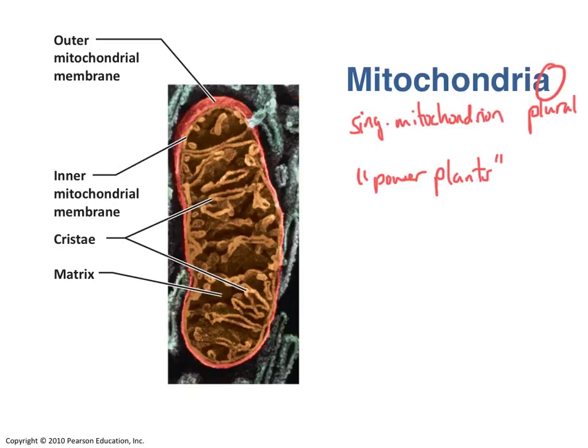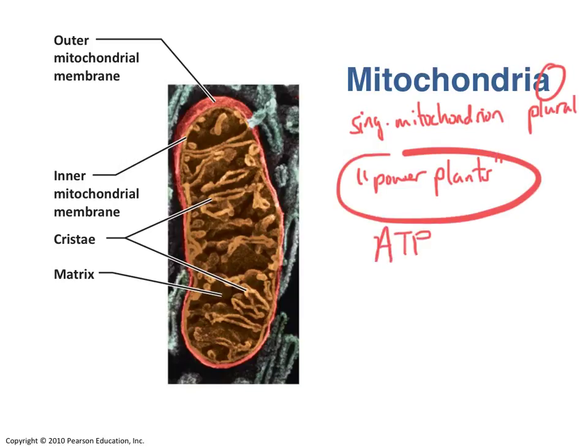And some cells, like cells that need a lot of ATP, like your muscle cells, have hundreds to thousands of mitochondria in a single cell. And so these guys are the power plants, and when you think power in the cellular realm, you should think ATP. So mitochondria are your ATP producers. This is where fatty acids and glucose can be broken down to form ATP.